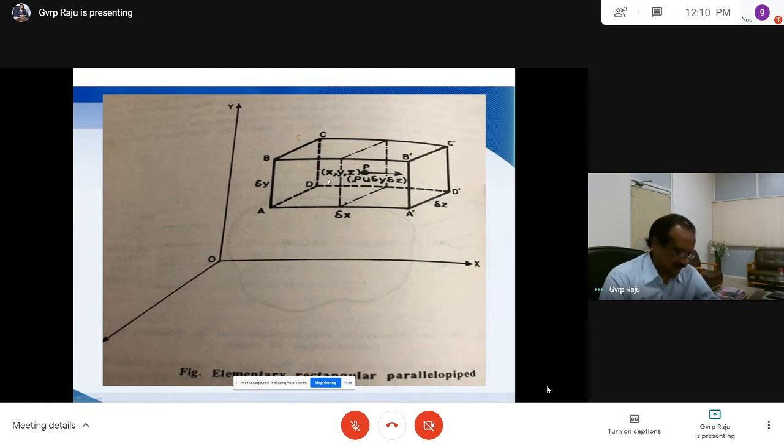Because we know the value here but want the value there. So inflow is rho u dy dz minus d by dx of rho u dy dz, times the distance from the center to the face, which is dx by 2, since the total is dx.